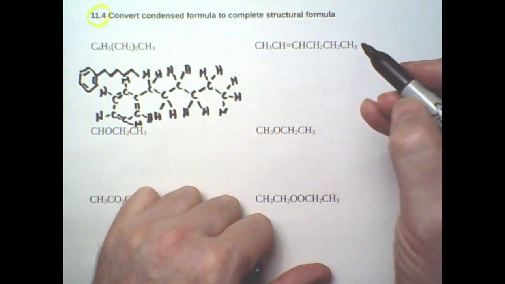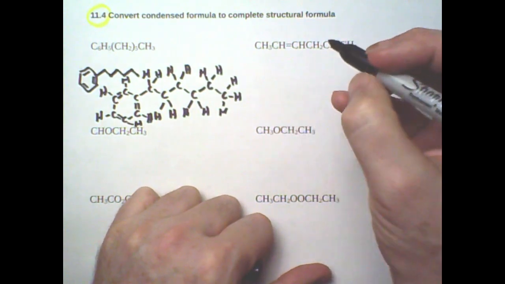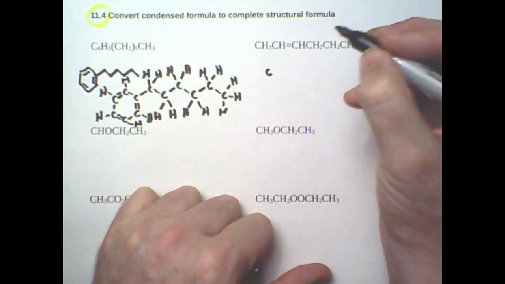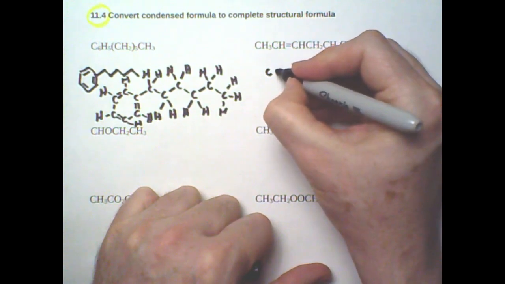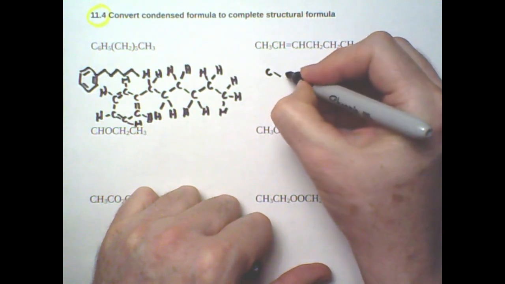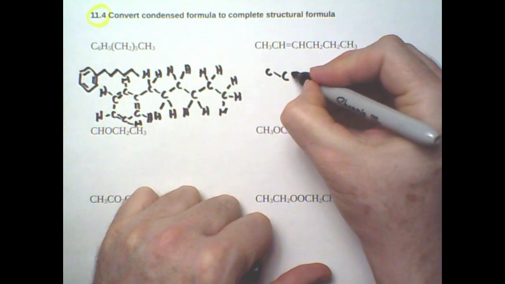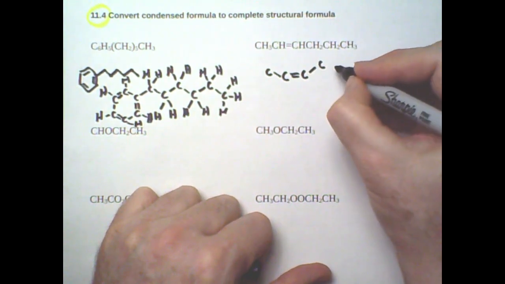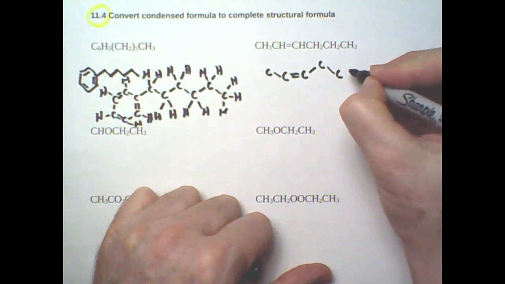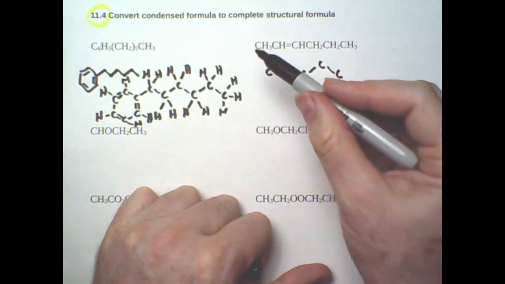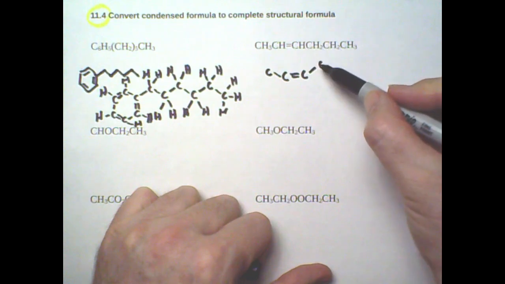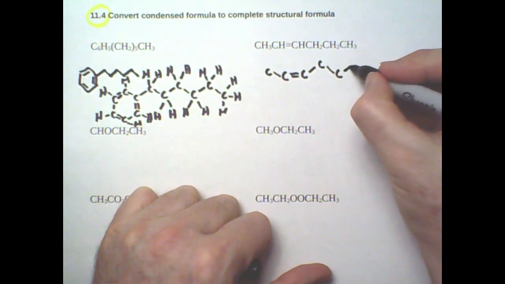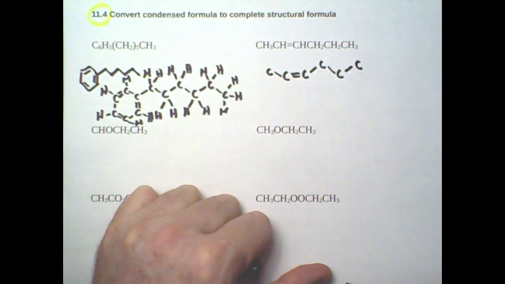Let's go here. Condensed structure. Copy down the C's. A double bond to another C. One, 2, 3, 4, 5, 6.